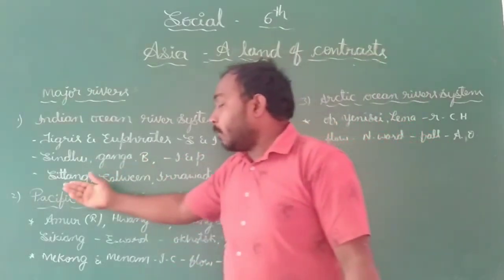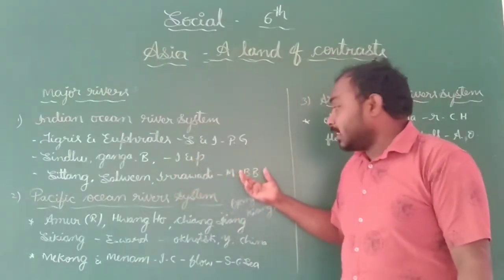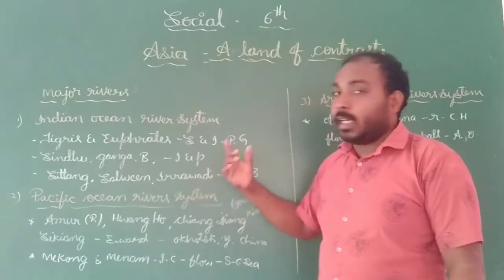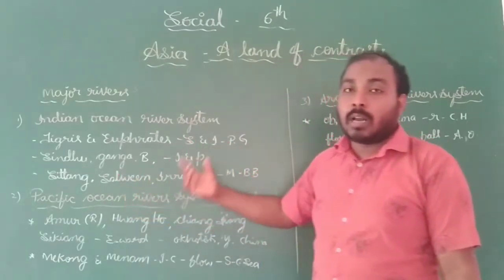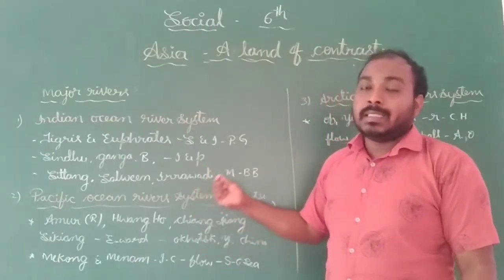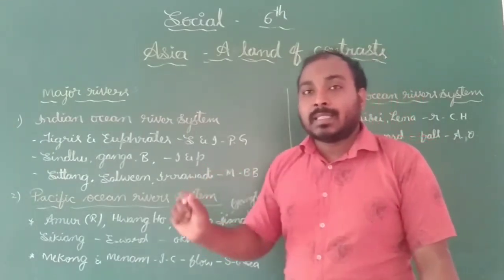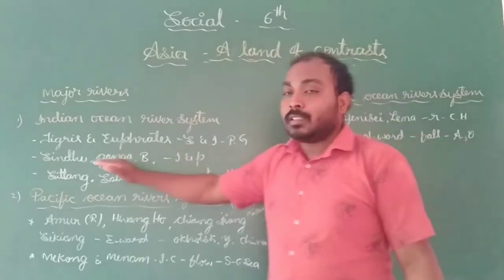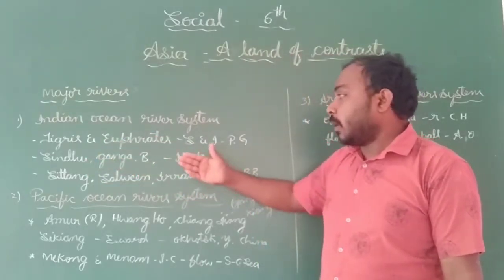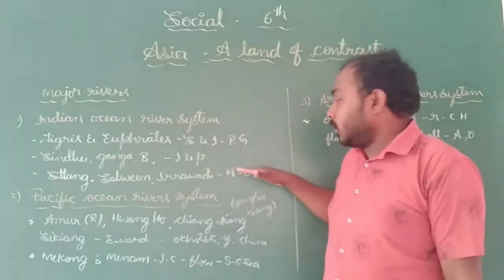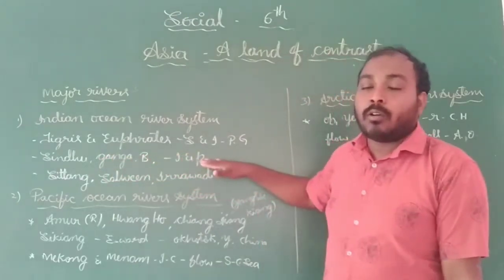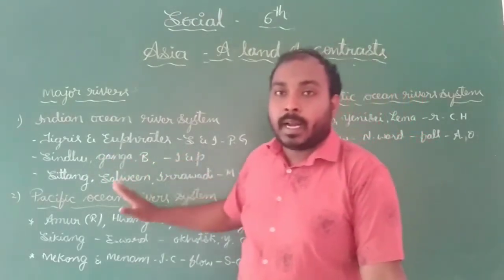Other important rivers that finally reach the Bay of Bengal are the Sittang, Salween and Irrawaddy. These are the three important rivers found in Myanmar. The Ganga also empties into the Bay of Bengal, and the Sindhu, Ganga and Brahmaputra are found in India as well as Pakistan.